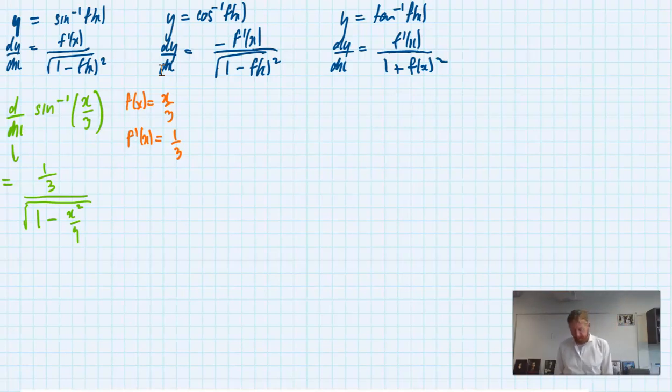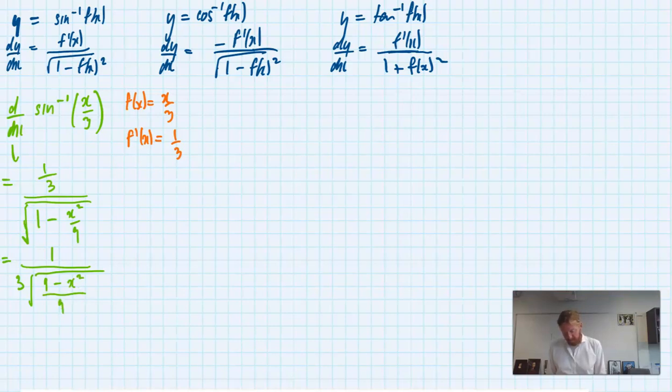Now this is a bit messy, so we're going to tidy it up. That 3 is going to fall down, so I get 1 on the 3 outside of a big square root. Now I'm going to add these fractions with the same denominator, so that's 9 on 9. So I get 9 minus x squared on 9.